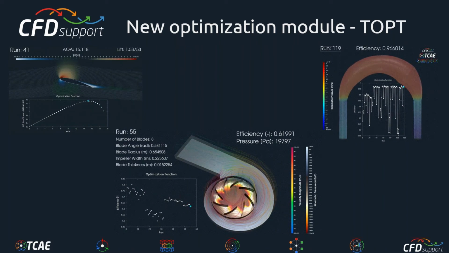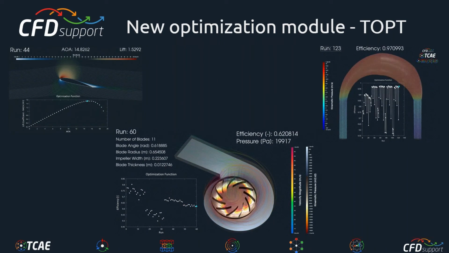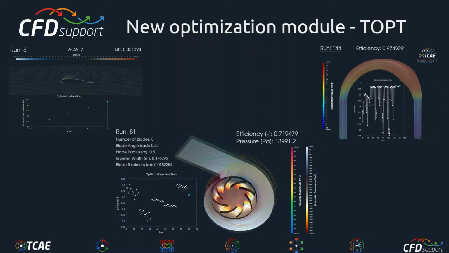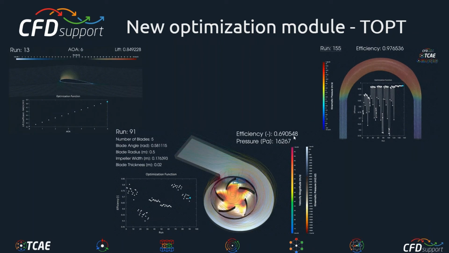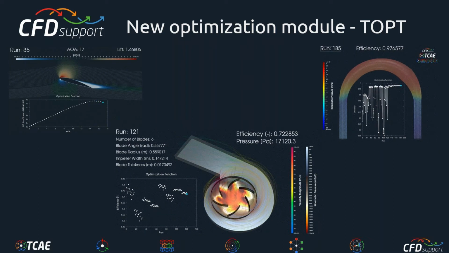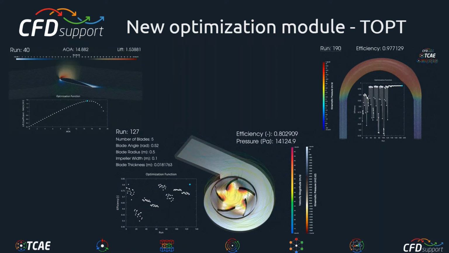So it's basically just the impeller properties, and the opt can change them in a certain range and look for the best possible efficiency. Now we are really optimizing for efficiency, and the opt runs simulations again and again until it finds the best efficiency according to the tolerances and limits we set.